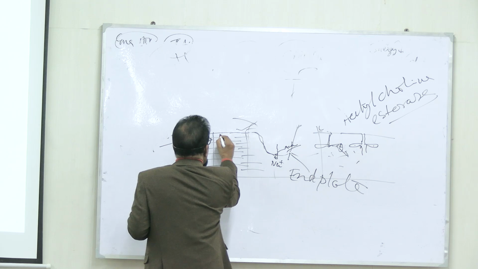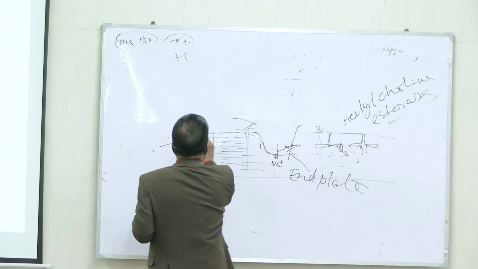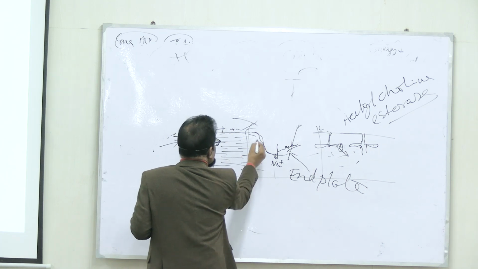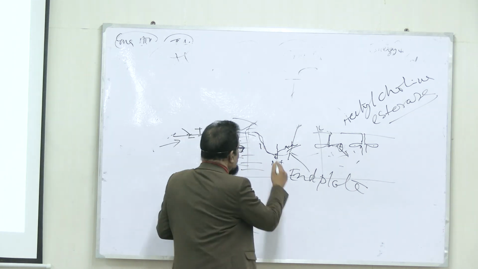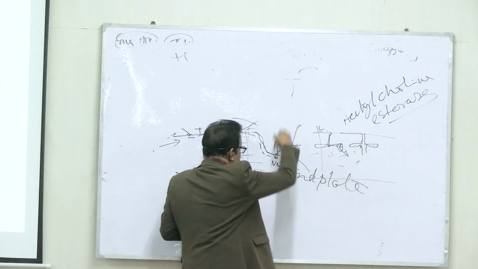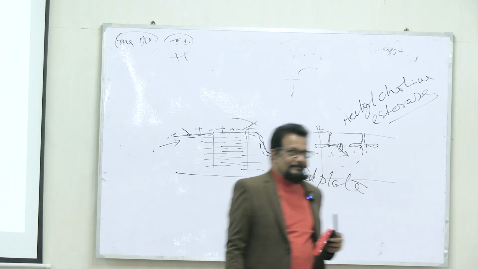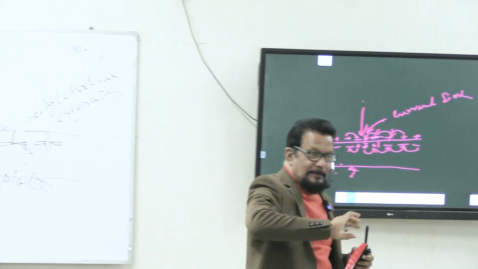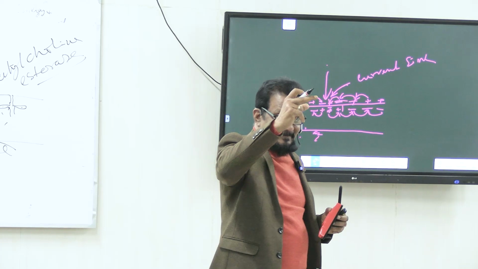The inside is negatively charged, no? Like other cells, inside is negatively charged. Here, initially it was negatively charged. Now, because of entry of sodium ions, the inside will gradually become positively charged. There will be gradual depolarization.